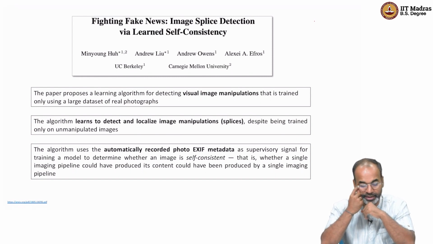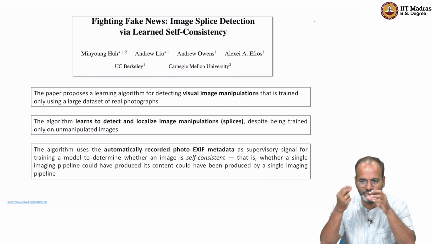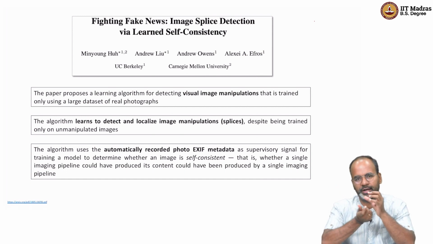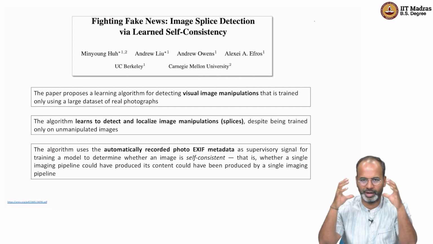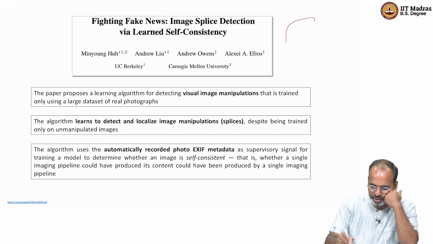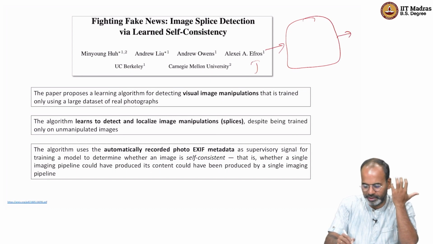This is important because you can use it as an input to the fake news detection module. You have a larger module in which the input is a tweet and the output is fake or real. Inside that, one part is image analysis, which is the part we are looking at right now.